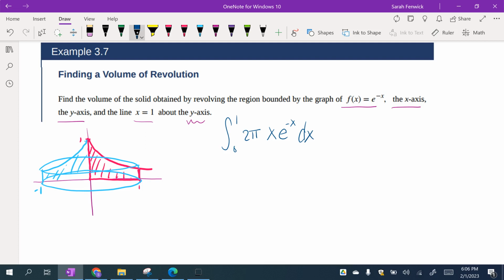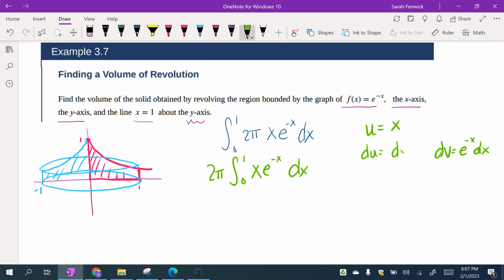Our 2 pi is going to come out front. Let's rewrite: integral 0 to 1 of x e to the negative x dx. u is going to equal x, dv is going to equal e to the negative x dx, du is going to be dx, and v is going to be the integral of e to the negative x dx, which is e to the negative x, but we have to have a negative on there.